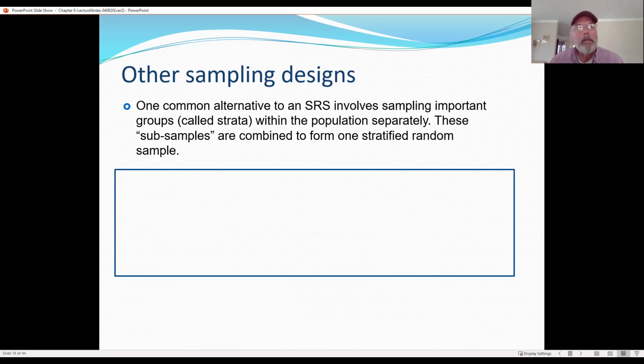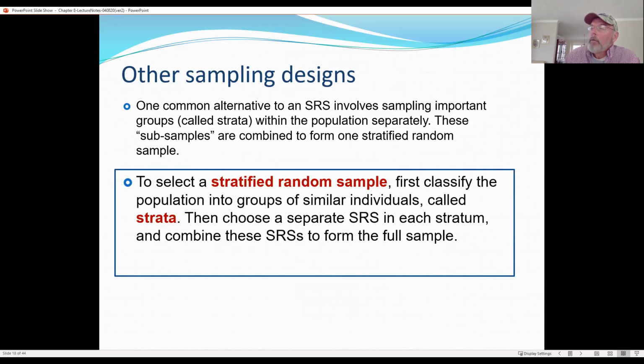So strata are subgroups out of the sample that we have already. To select a stratified random sample, first classify the population into groups like women and men. There could be a number of different ways you might want to stratify a set of data.